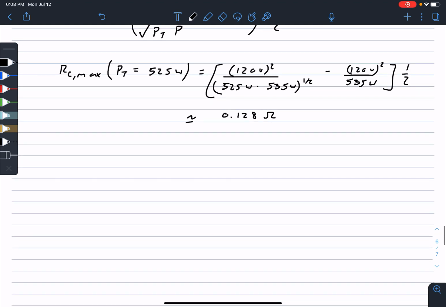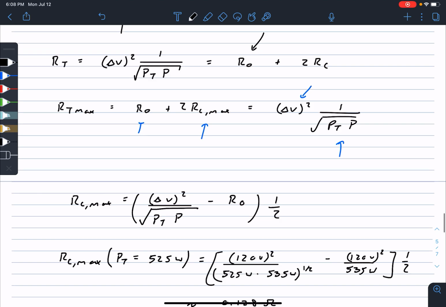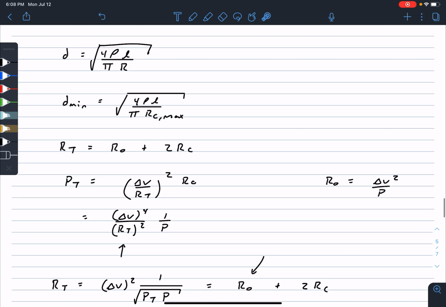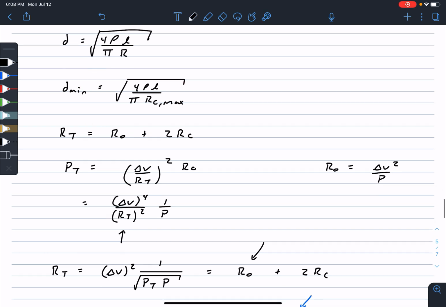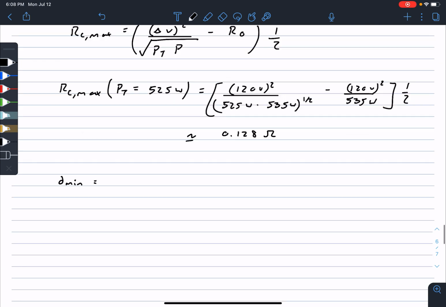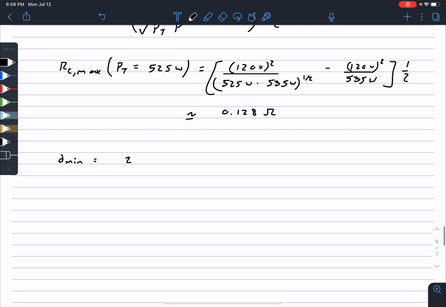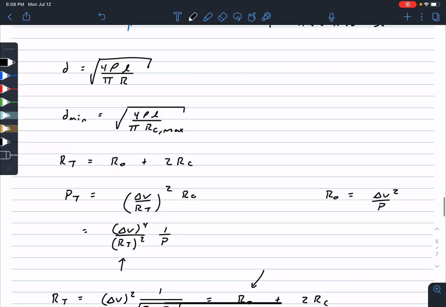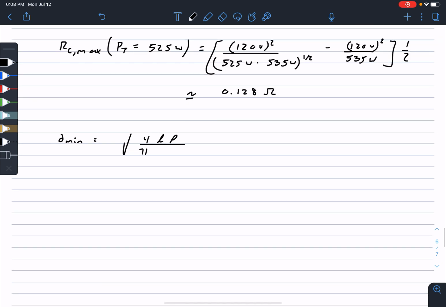And so then we plug that value into the d min, the minimum diameter that we had, which was defined up here. So then we have, let's just put it all under 4L rho over pi RC maximum, which is what we just found.